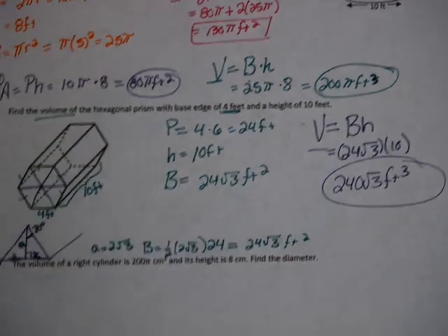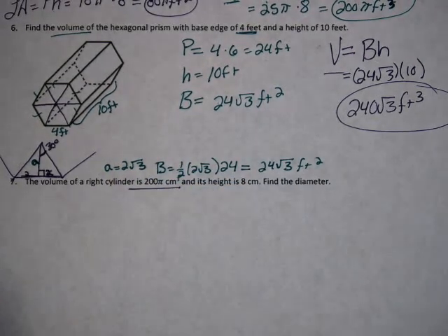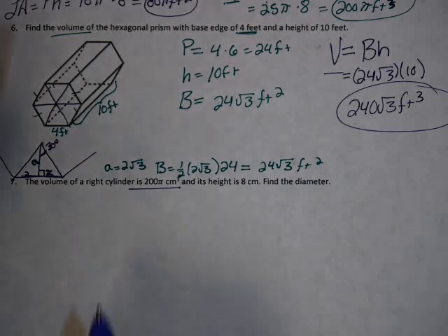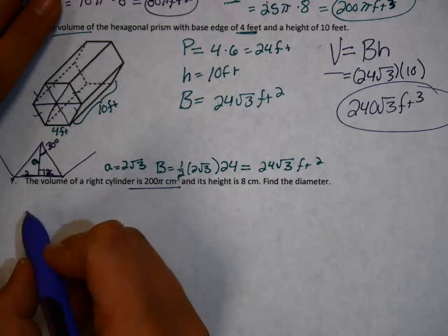Alright, number 7. So the volume of a right cylinder is 200 pi centimeters cubed. We are given the height is 8 centimeters, find the diameter. So this one, sketch out a cylinder.